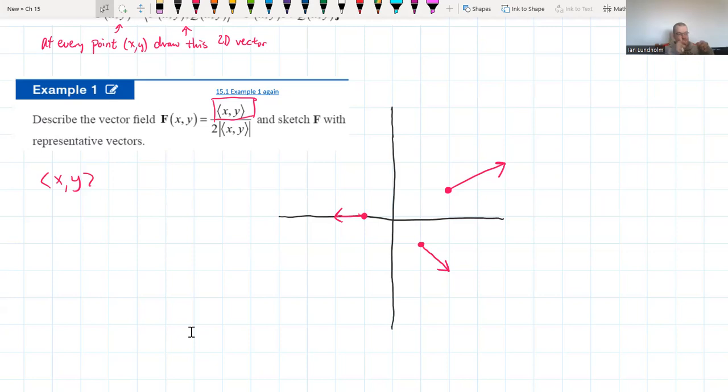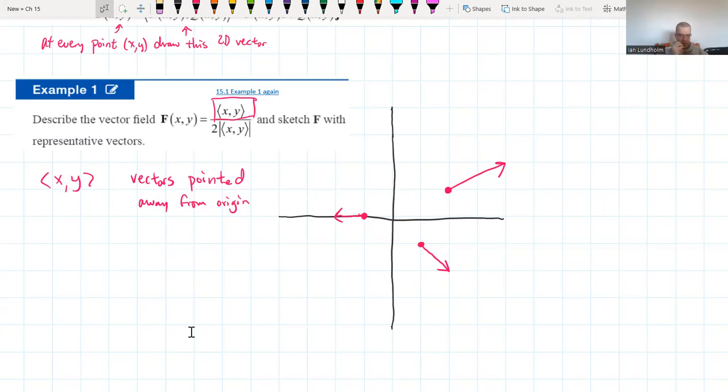And their length is actually the same length as the distance away from the origin where the point is. So yeah, if we were just drawing x, y, we would have a bunch of vectors pointed away from the origin. So I'll go ahead and write, vectors pointed away from origin.